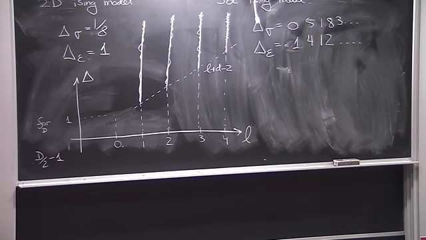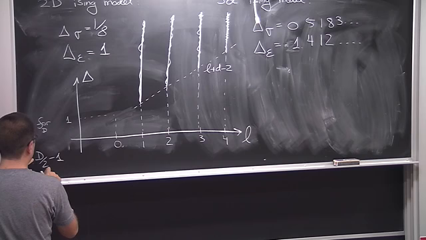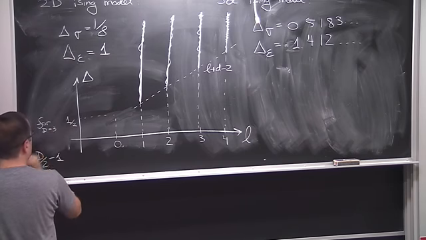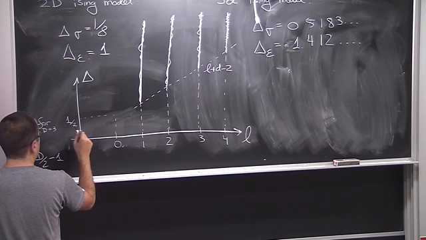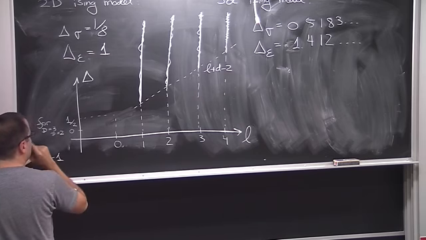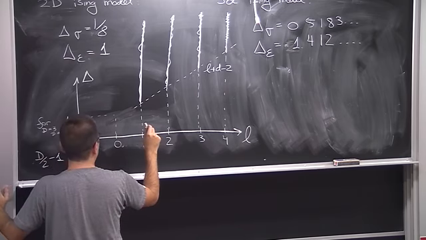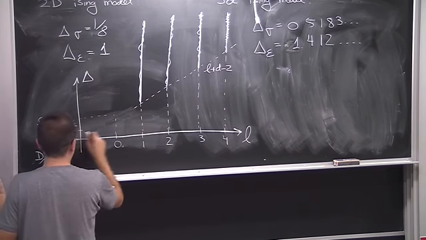Unitarity bound for scalars. You did it with Jami. I just forgot if there is an over 2. No, D minus 2 over 2. Ah, so it's correct, yeah. So D minus 2 over 2. So it should be 1/2 for D equal 3. And for D equal 2, it should be 0. But actually, wait. Now I remember why I said this. No, that's it. Okay, that's correct, yeah. So it should be 0, okay.